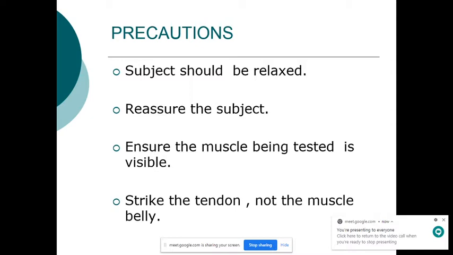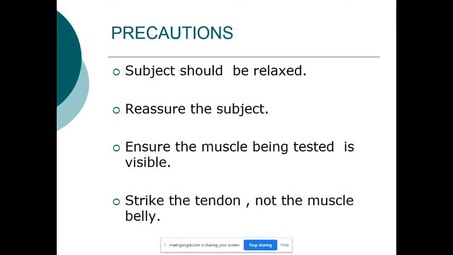If the subject is very tense, trying to keep all the muscles tight, and very anxious, and you try to examine him, the reflexes may not come properly. So just assure the subject that this is a very safe procedure and it is not going to cause any kind of harm. They have to just relax and listen to your instructions. That's very important, so reassure the subject.